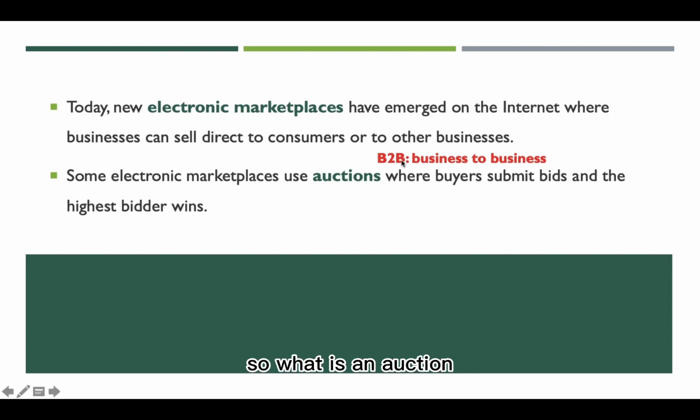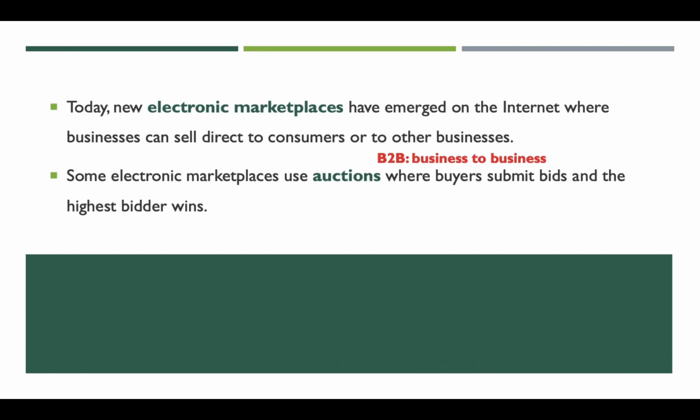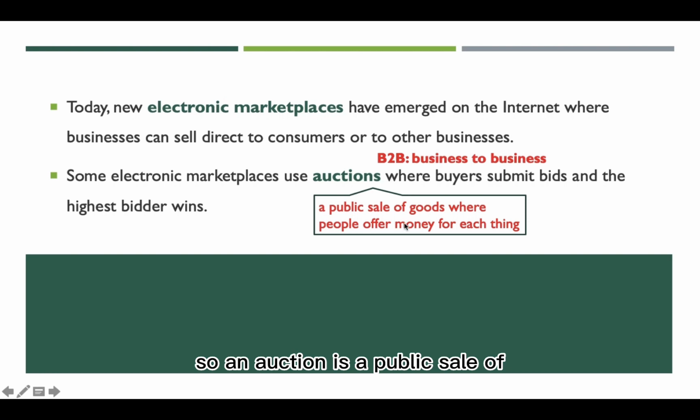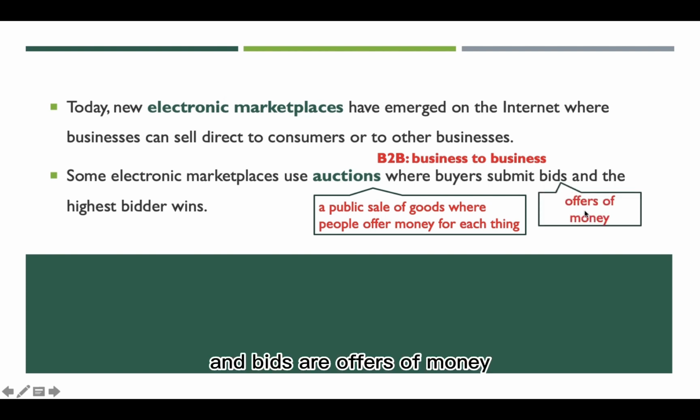So what is an auction? It is a situation where there are buyers and they tell people how much they are willing to pay for something. So an auction is a public sale of goods where people offer money for each item. And bids are offers of money. Okay? So to help you understand what an auction is, let me show you an image.